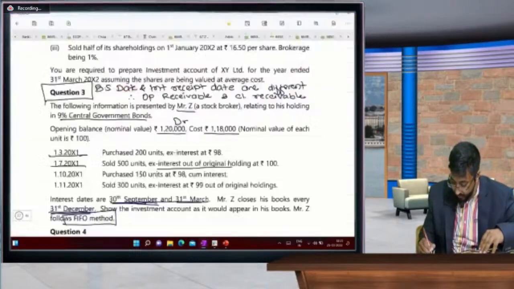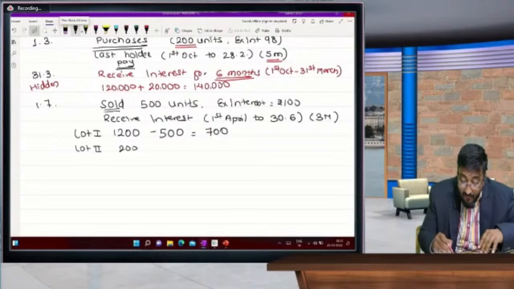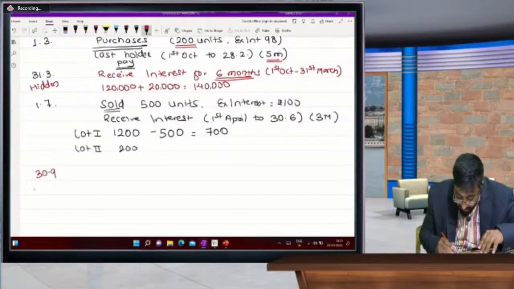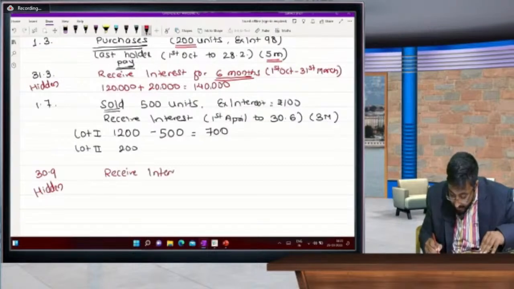Very good. Now next date, Pratham. Next date. 110. Wait. Wrong answer. 30th September. Hidden entry. Hidden entry for receive interest. For how many months? For 6 months.